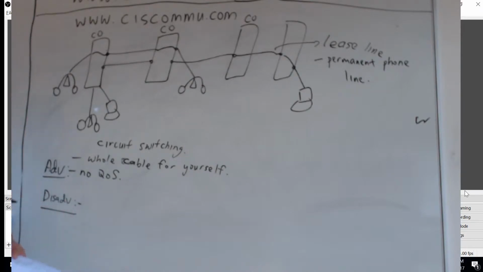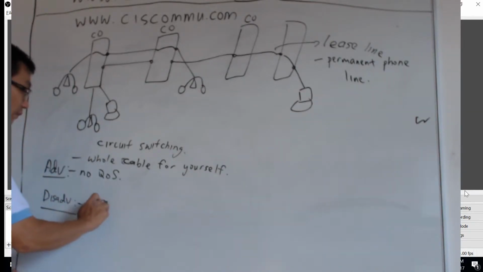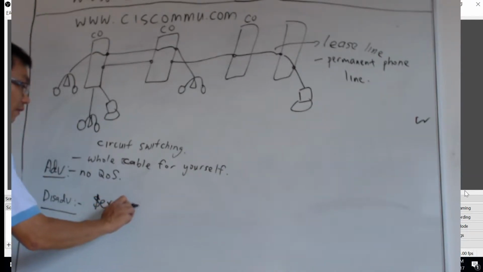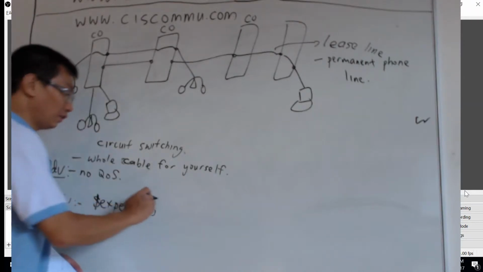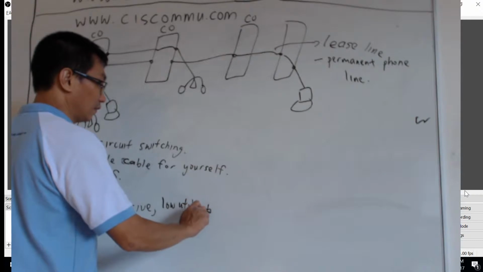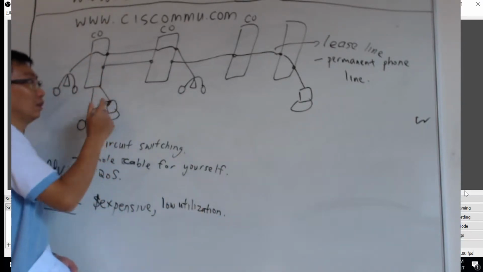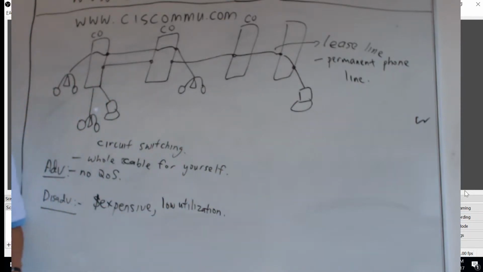Since the whole wire is yours, it will be very expensive. And what are you going to do during the night time? Are you going to turn on the computer? In the middle of the night, is anyone making a phone call? So you have low utilization, because you are only dedicated one to one.